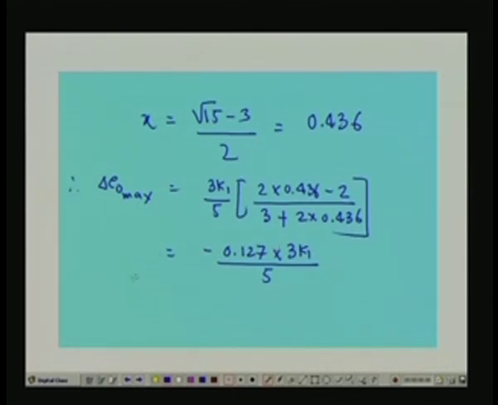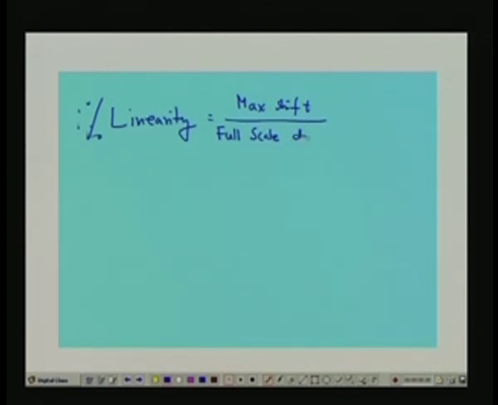Now, linearity will define. The percentage linearity is defined as maximum shift divided by full scale deflection into 100.